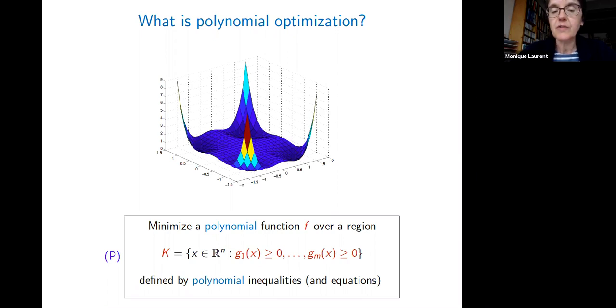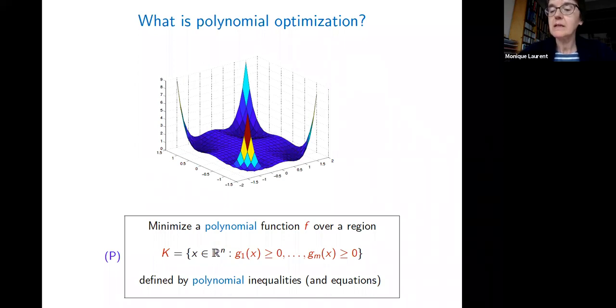Of course, this is a very special instance of nonlinear, non-convex optimization, which is an enormously broad field. But what is specific here is that the presence of polynomials and this algebraic structure can be exploited to design dedicated methods that may be able to reach more than in the general setting.